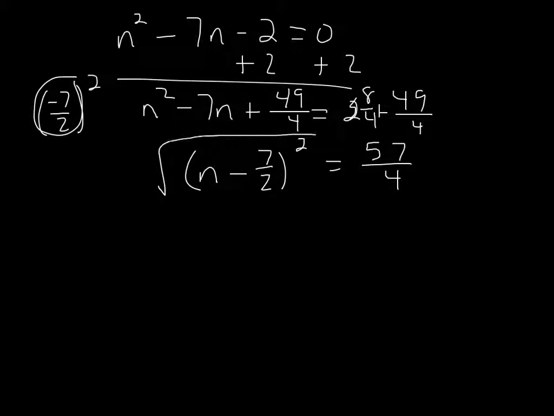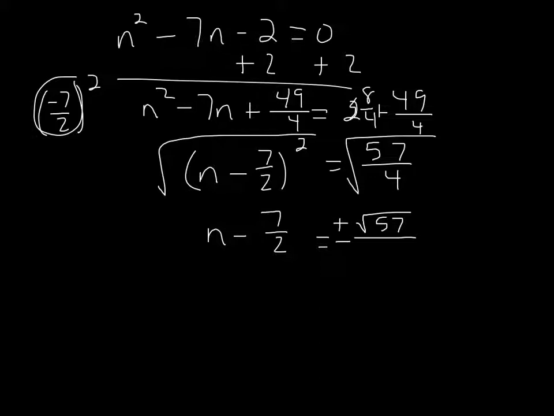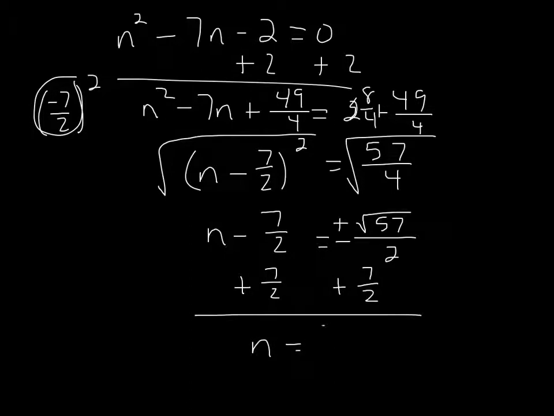Then we take the square root, and you get n − 7/2 = ± √57 over the square root of 4, which is 2. Add 7/2 to both sides, and you end up with n = (7 ± √57) all over, remember how the denominators are the same? All over 2.